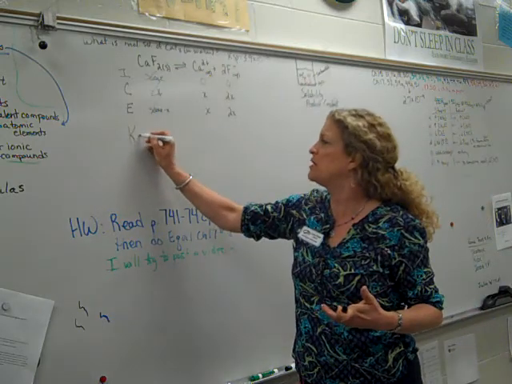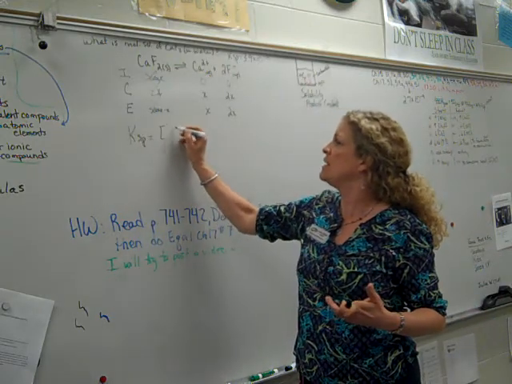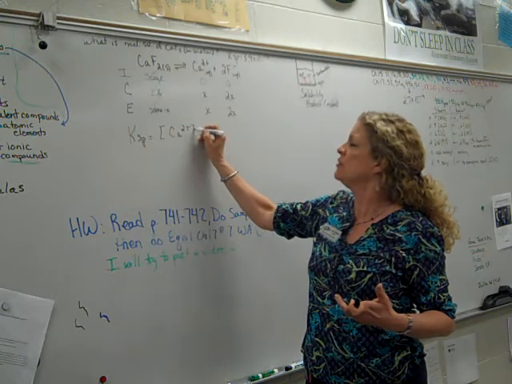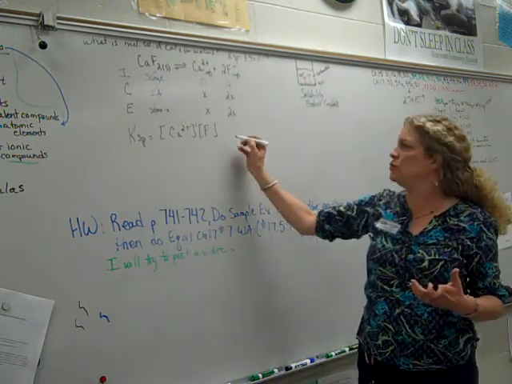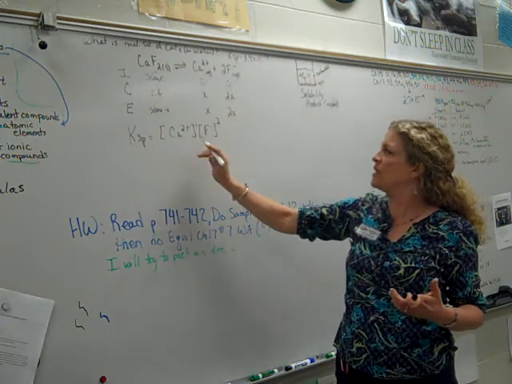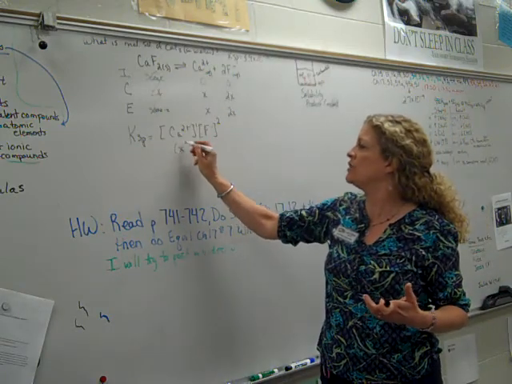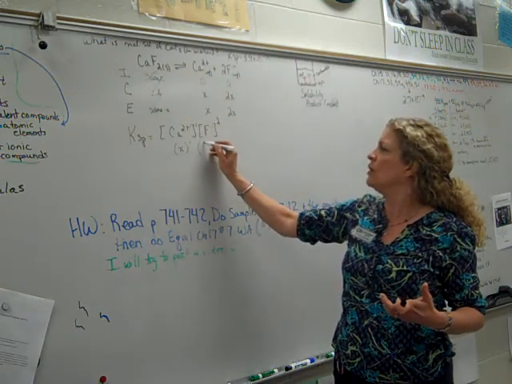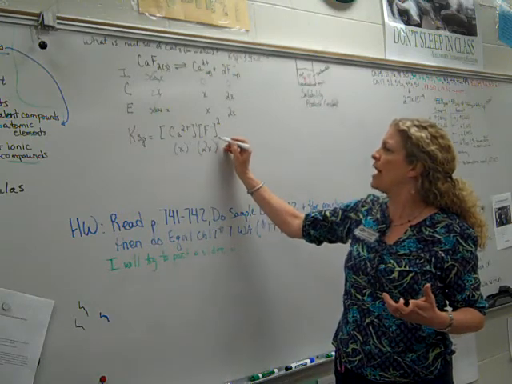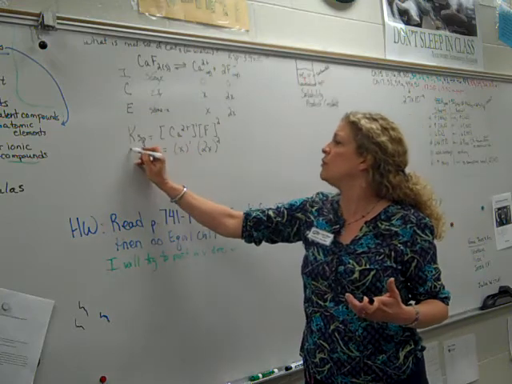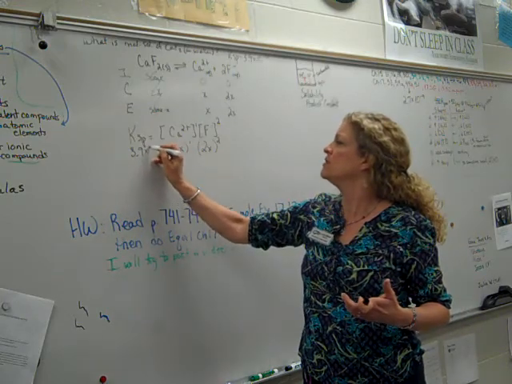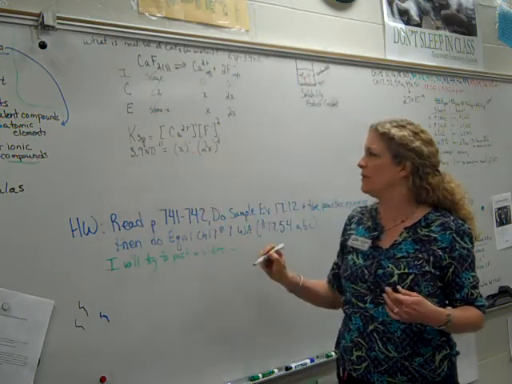We have our Ksp expression. That would be equal to calcium to the first, fluoride to the what? Second. We're simply going to plug in an x for calcium, raise it to the first, a 2x for fluoride, raise it to the second, and set that equal to 3.9 times 10 to the negative 11.